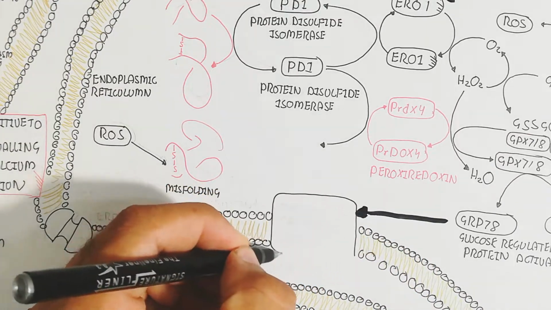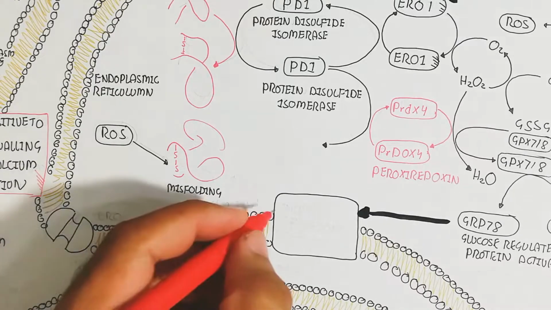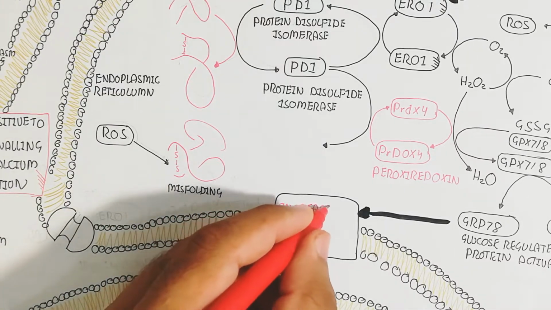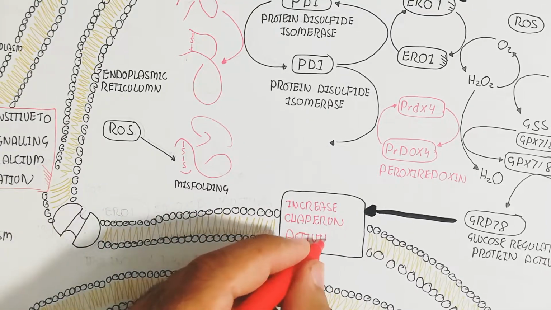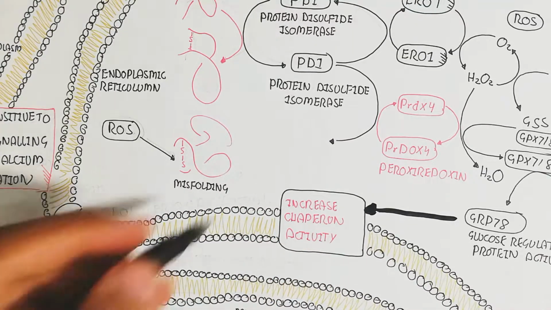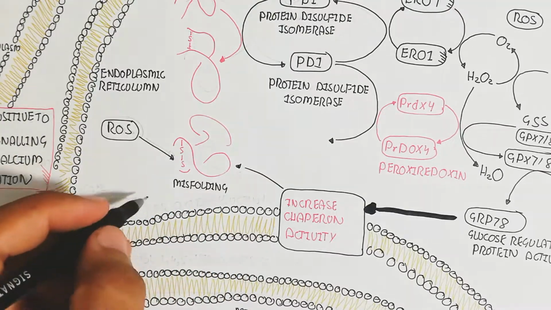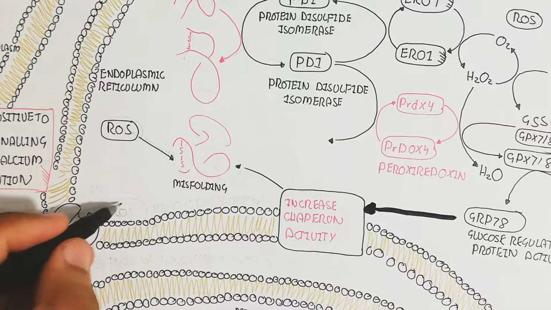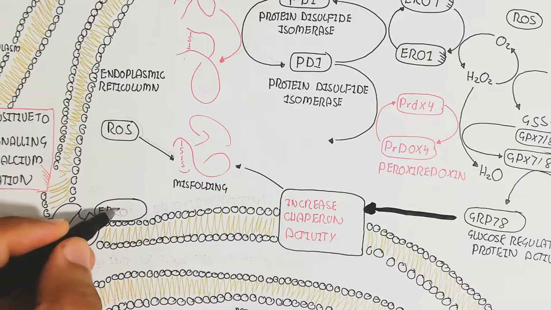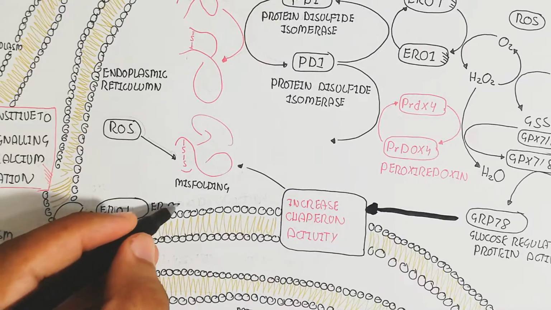Why misfolding? Because the reactive oxygen species will react with the protein, with the addition of an electron, and change the morphology and structure of the protein. So the chaperone activity will increase due to the glucose regulated protein activity.